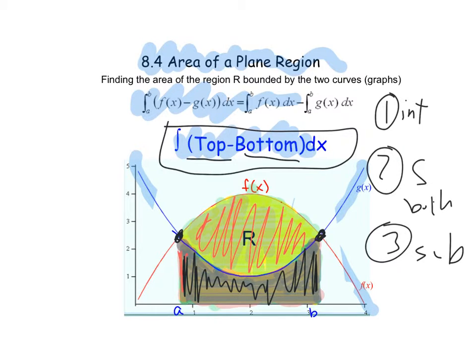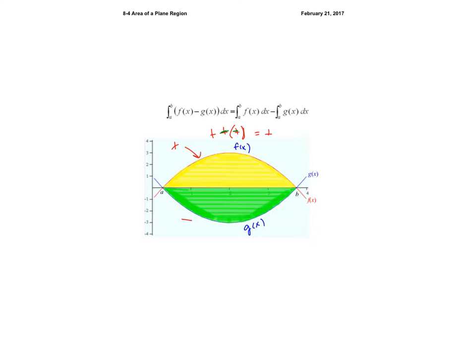So let's do the next thing, because there are other situations. Alrighty, so let's say you have a situation like this where it's right at the x-axis. In order to get this bottom graph to become positive, because if you take its integral, it's going to be negative, just attach a negative, so the negatives cancel and make it positive. Because if you were to do this normally, then these two areas would cancel each other out.